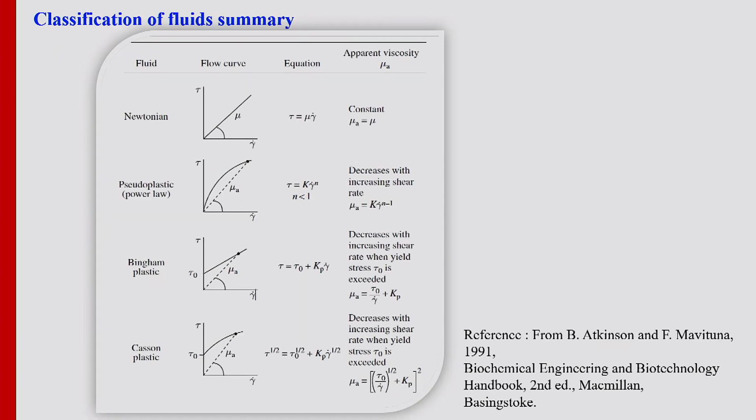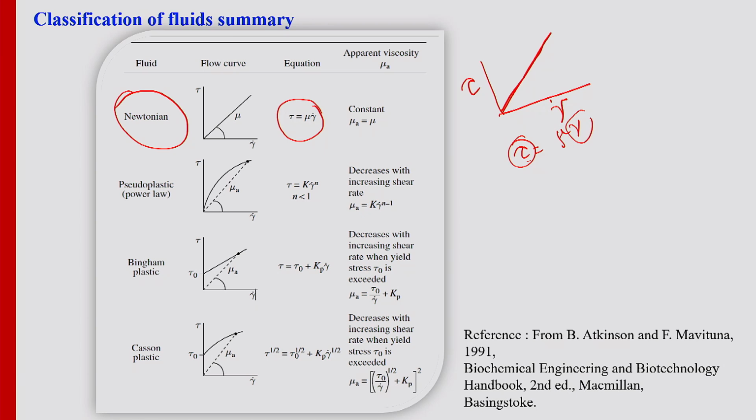Now, just to explain more, how the Newtonian and non-Newtonian fluids differ. The first one we discussed is Newtonian. The shear rate, gamma, we always write as shear rate, and the shear stress you just see here is linear, and that is the reason it is called Newtonian fluid. The equation is tau equals mu gamma, where gamma is the shear rate.